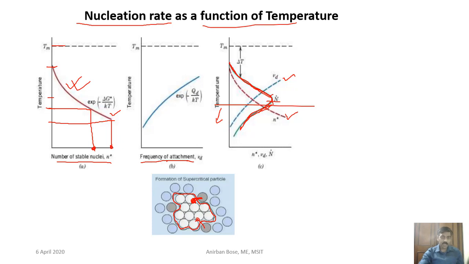Okay, so that is why up to a certain temperature, definitely degree of undercooling dominates in the nucleation rate. So this is what is the nucleation rate curve. Clear?